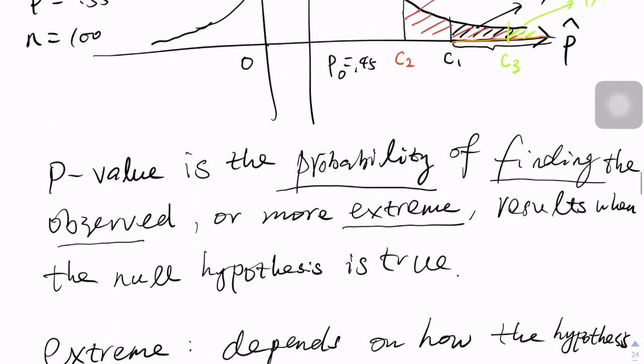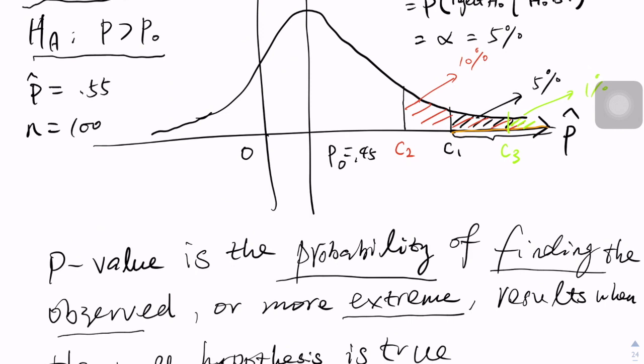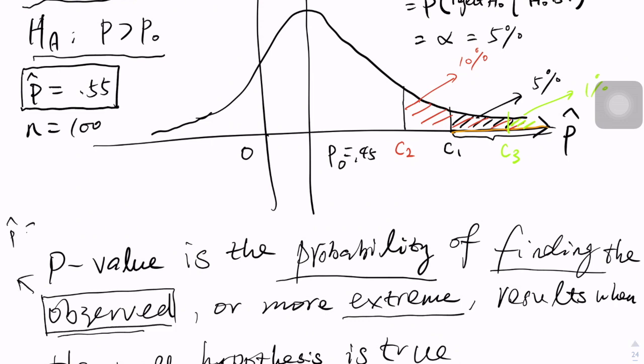So what does it mean? The only information that we have is that the observed sample proportion here is 0.55, and that's all we have. We're going to make our decisions based on this information. So what we have observed here is p hat equal to 0.55. And what about more extreme?